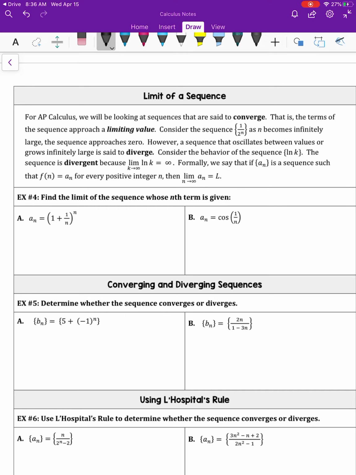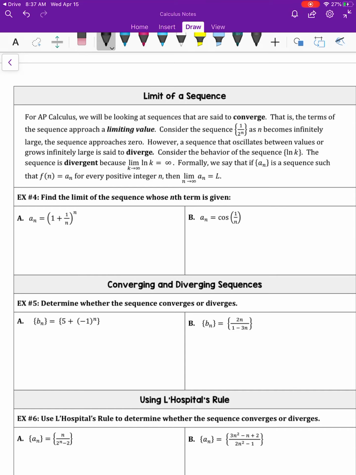So formally we say that if the sequence a sub n is a sequence such that f of n equals a sub n for every positive integer n, then the limit as n goes to infinity of a sub n is L. So you're looking at it as a function, right? And you're looking at, does it approach some value? If it does, then it converges.